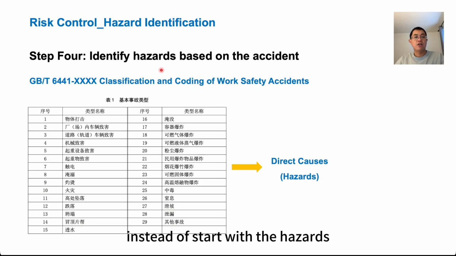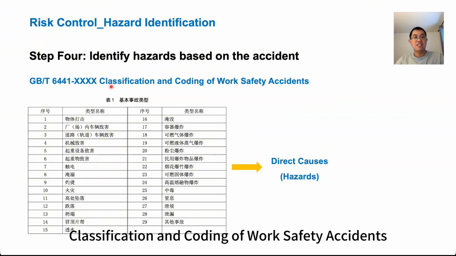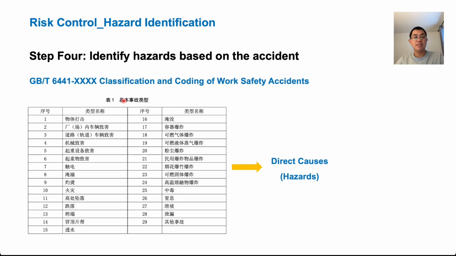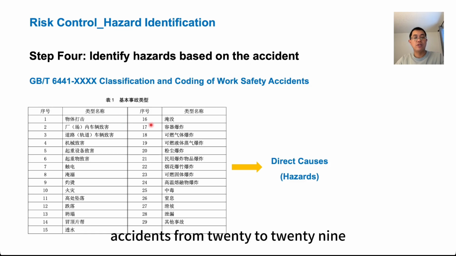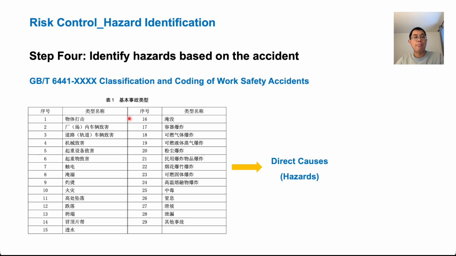Instead of starting with the hazards, we start with the accidents themselves, and we can refer to GB/T 6441, Classification and Coding of Work Safety Accidents. This is the latest draft version, and it expands the number of accidents from 20 to 29. So it's just a draft. It's not officially released, but it can still be a very useful reference.